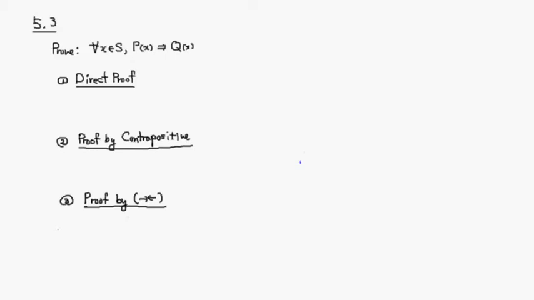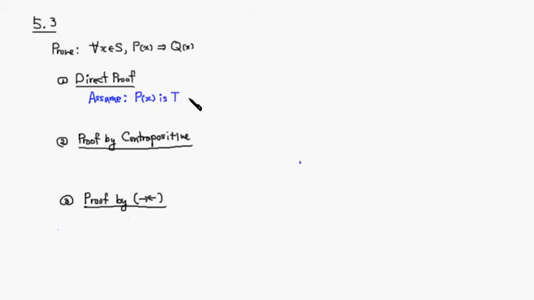As usual, the goal is to prove that for all x in some domain S, P of x implies Q of x. So if you want to use direct proof to establish this universal statement, what you do is first assume that the hypothesis, P of x, is true.